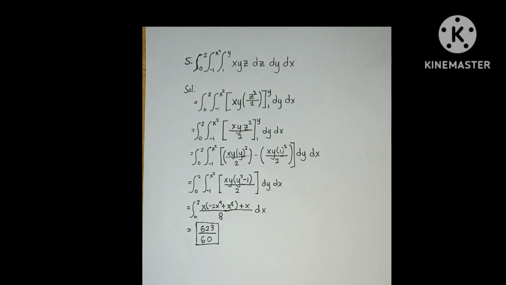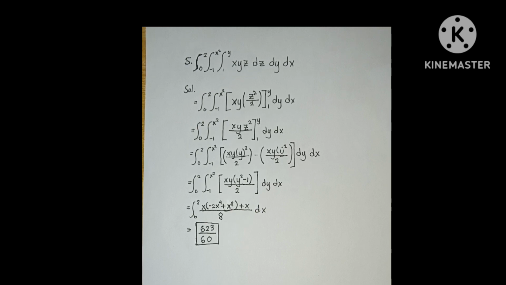Next, we subtract these two fractions. So we have the integral from 0 to 2 with respect to x, and the integral from negative 1 to x squared with respect to y of xy times y squared minus 1 over 2.